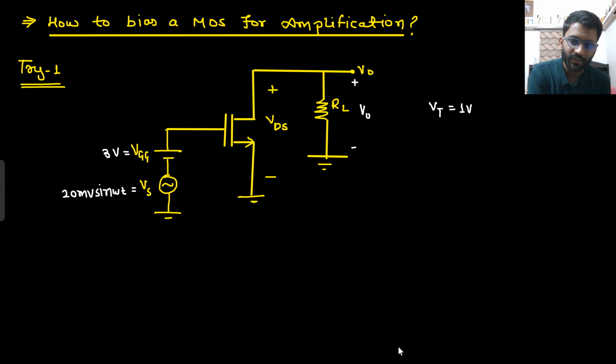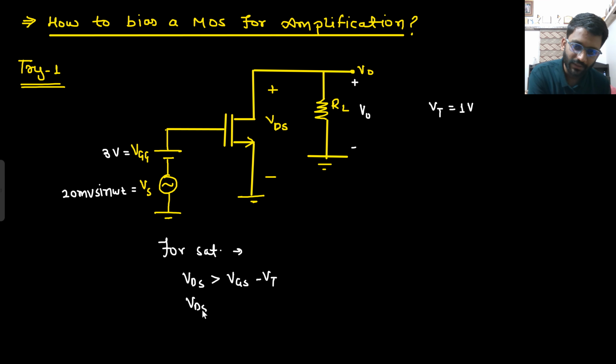For saturation, what do you need? Your VDS should be greater than VGS minus VT. What is your VGS? VGS is 3 plus 20 millivolt sin omega t.